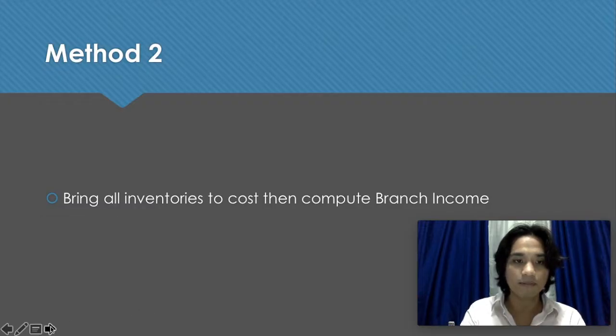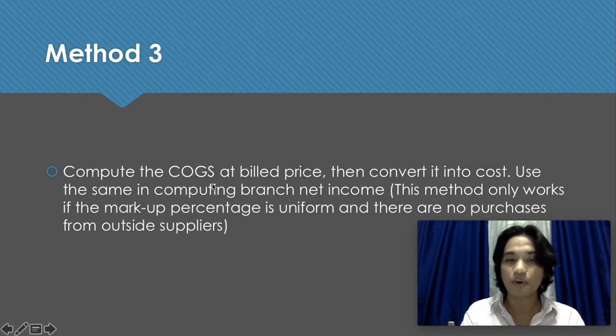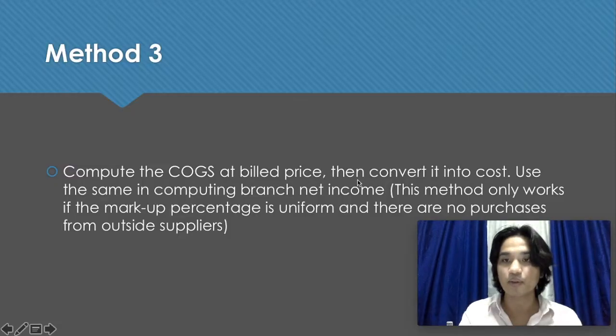Method number 3. Compute the cost of goods sold at build price, then convert the cost of goods sold into cost. Use the same in computing the branch net income. Take note, however, method number 3 only works if the markup percentage is uniform and there are no purchases from outside suppliers.